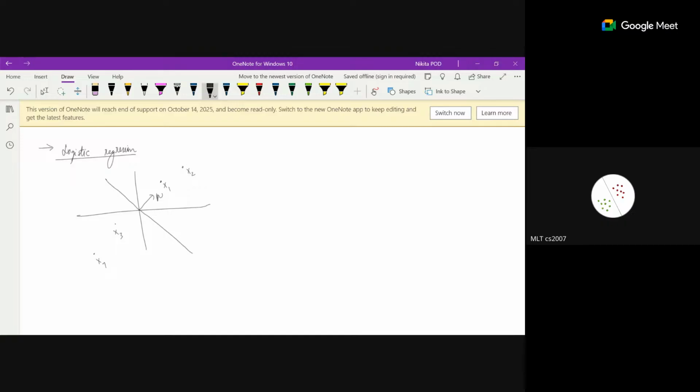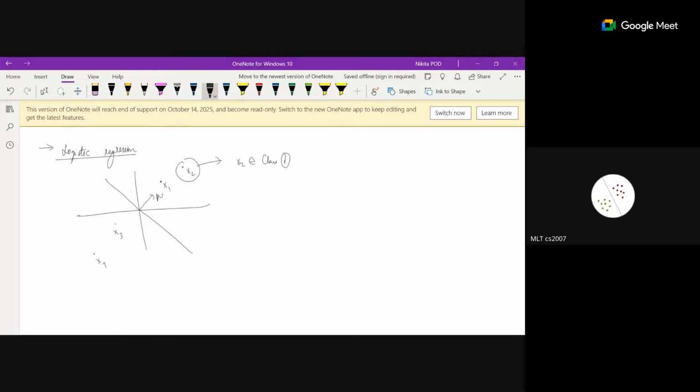What we would want is that the farther the distance from the boundary, the higher the probability that this point x2 belongs to class 1. So in some way, we want to associate probabilities to each of these data points. We are allowing every data point to take the label as either 1 or -1, but there will be some probability associated with it.